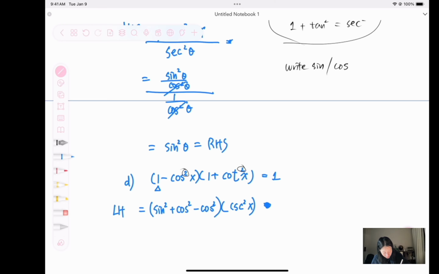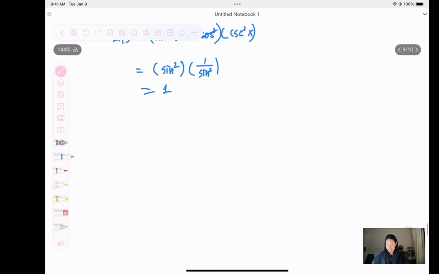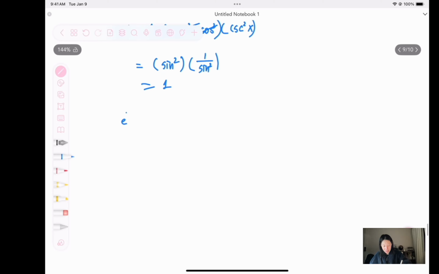That's the left-hand side. These two cross cancel. I have sine squared, and cosecant squared I can write as 1 over sine squared. When they multiply together, it gives you 1, which is equal to our right-hand side. Isn't that nice? Okay, last example, and then we summarize all the tips that I have.